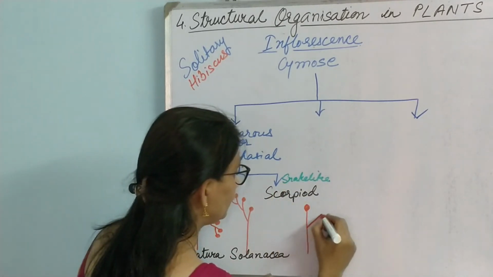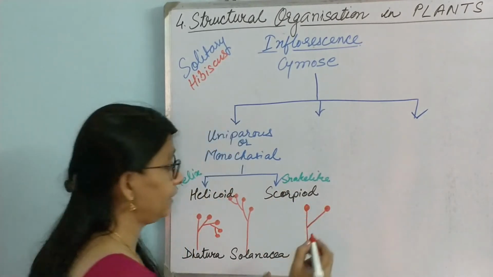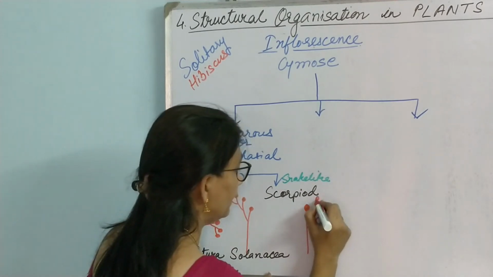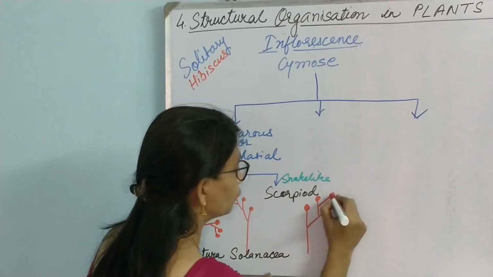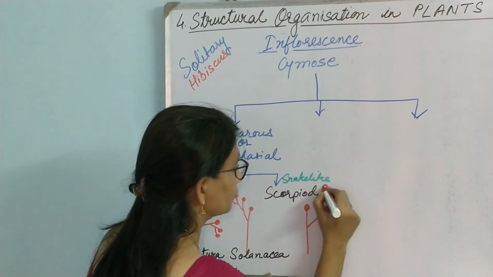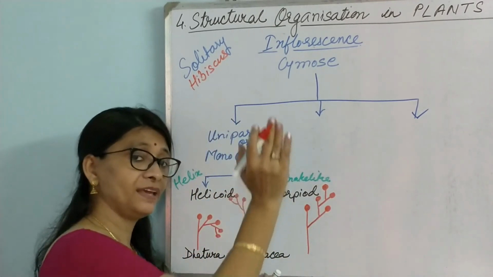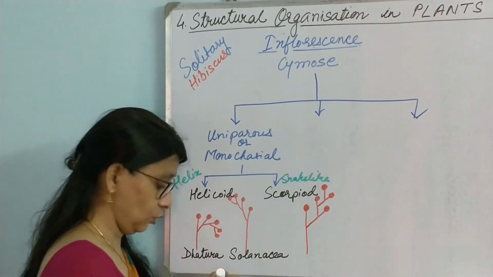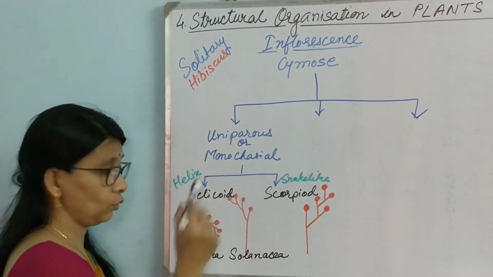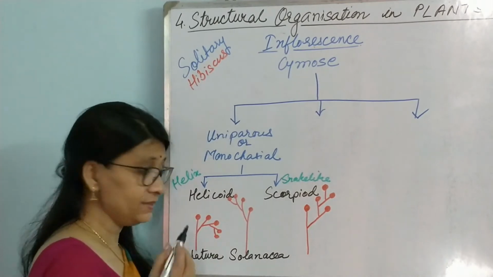The next comes out from the right side, the next from the left side, again the next from the right side, and again the next from the left side. So we see a zigzag pattern or snake-like pattern. This is known as scorpioid uniparous cyme.